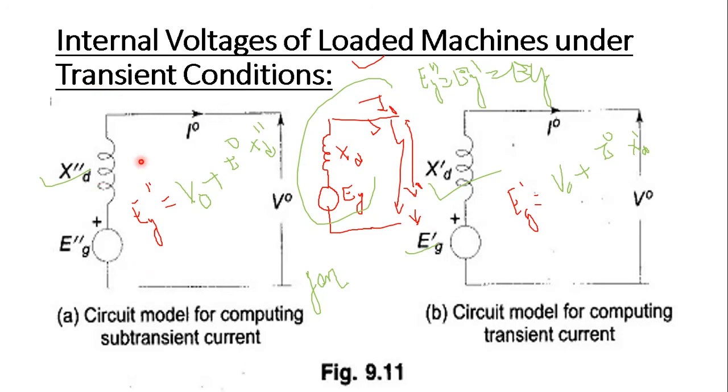In that case, your Em double dash will be V naught minus I naught Xd double dash, so the sign will be minus in the case of a motor. In the same way we can find Em double dash and Em dash. Eg stands for generator, so for a motor it is Em double dash and Em dash.